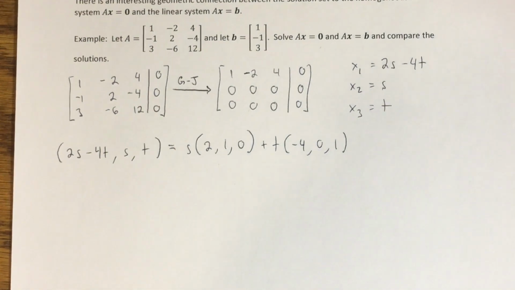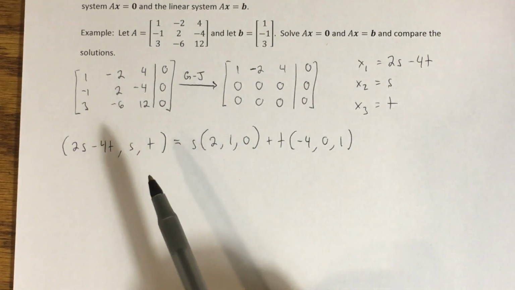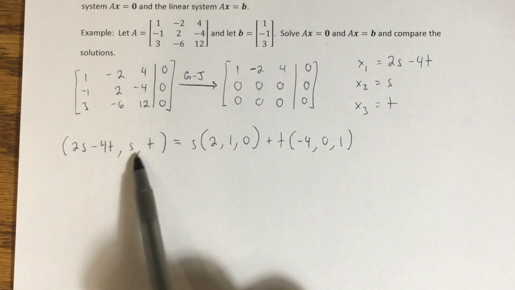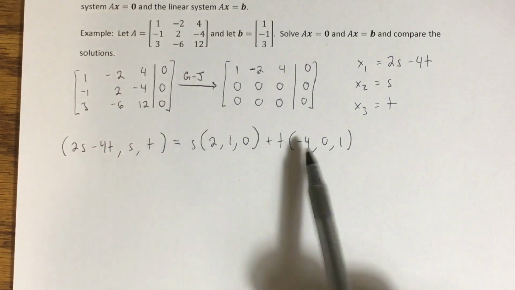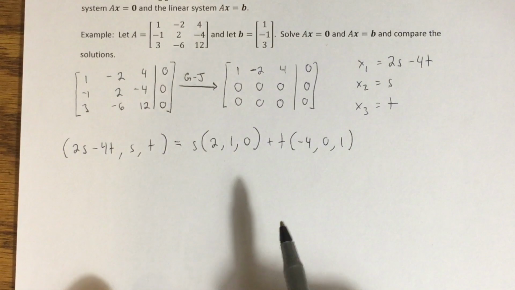Make sure you're okay with how I did that. All right, this is a process that we do a lot in this class where we have a general solution set, but what you want to do is split it up into a sum of 2 vectors, one containing only the s terms, one containing only the t terms, and then pull the s and the t out the way that I did here. Okay?